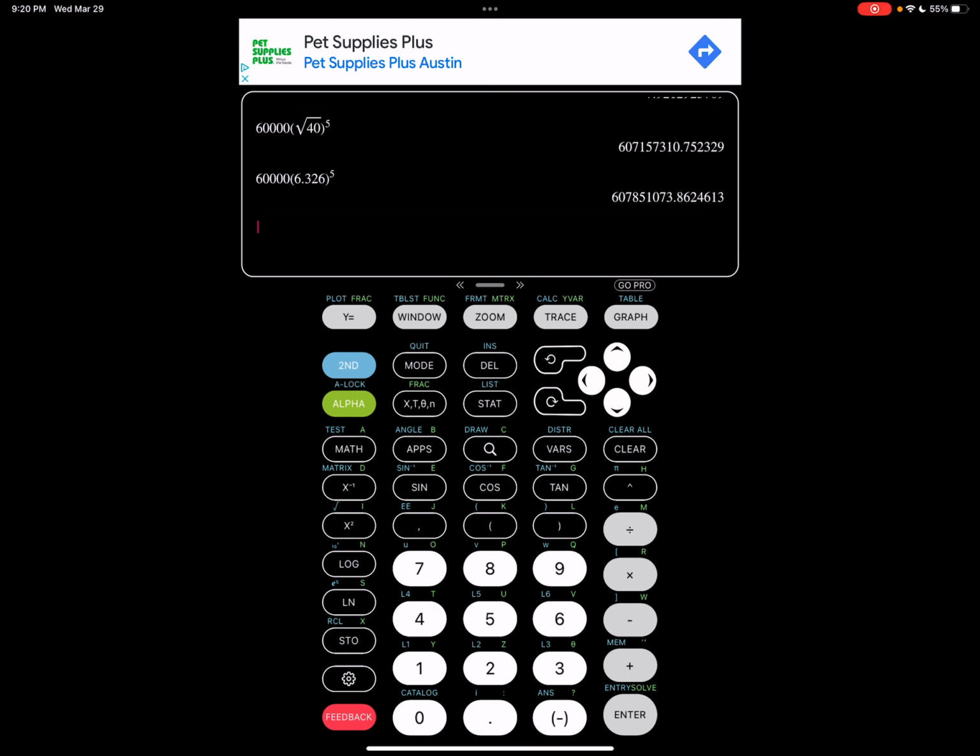Do you see it? When I use square root 40, which is the ultimate accurate answer, I get this precise number of rabbits. But when I use a rounded decimal up to 3 place values, which honestly, a lot of times we like up to 3 decimal places, that's a difference of, let me see here. Is that like 700,000 rabbits?